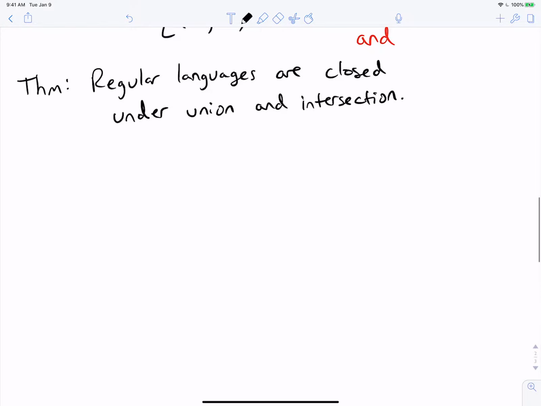Okay, what was his law? It says that the intersection of L1 and L2 is the same thing as complementing L1, union the complement of L2, and then the whole thing complement.